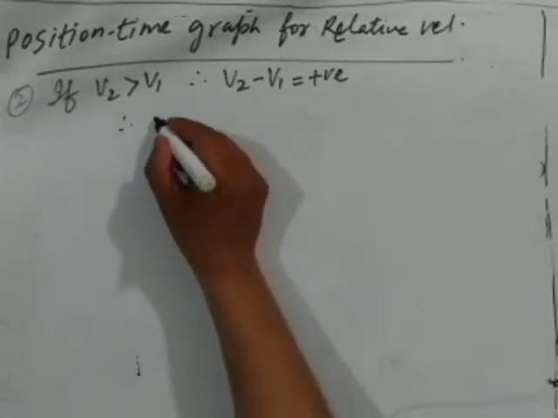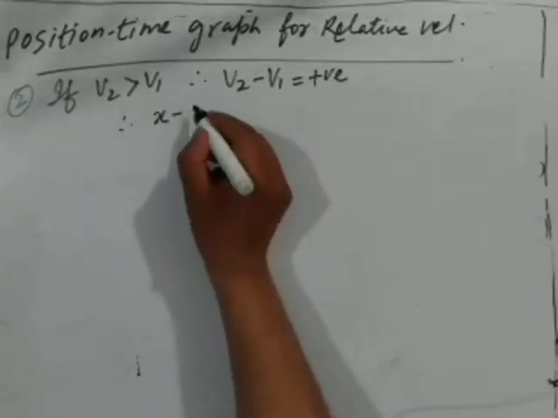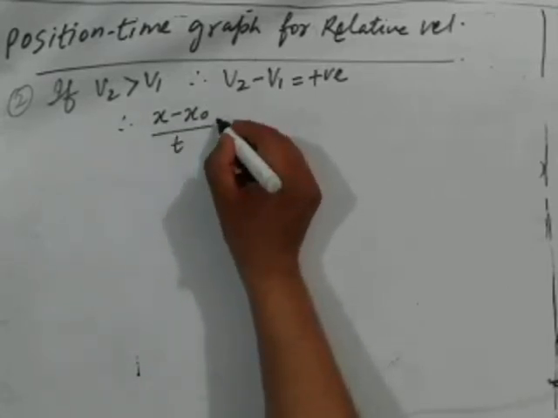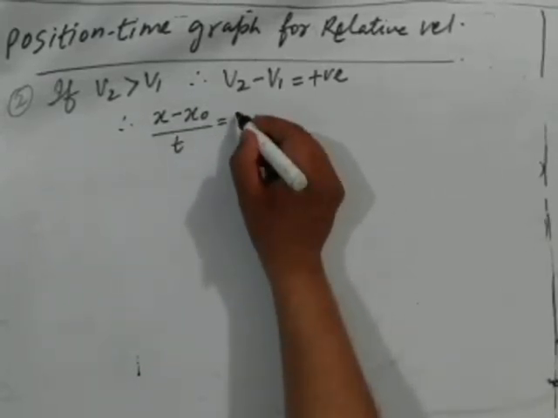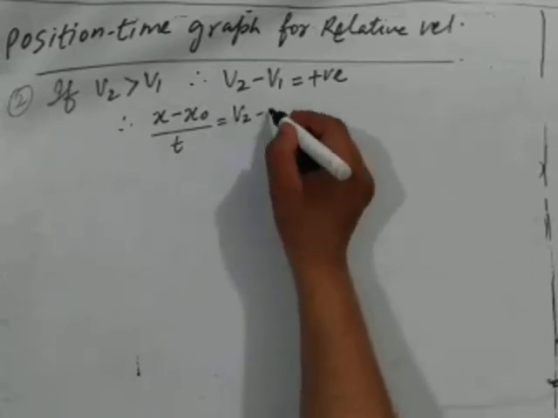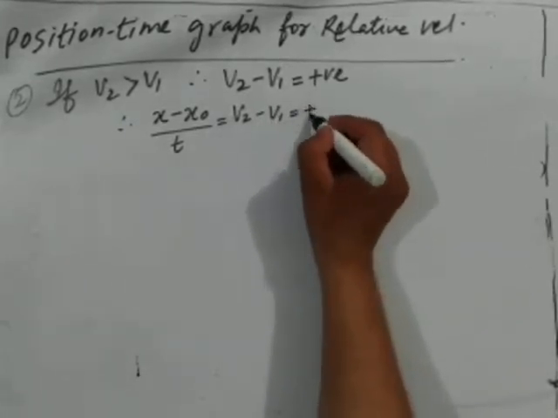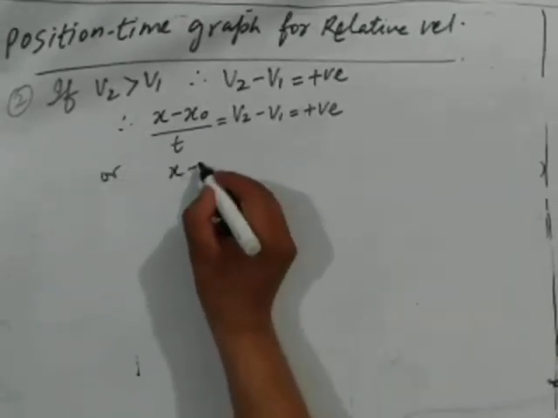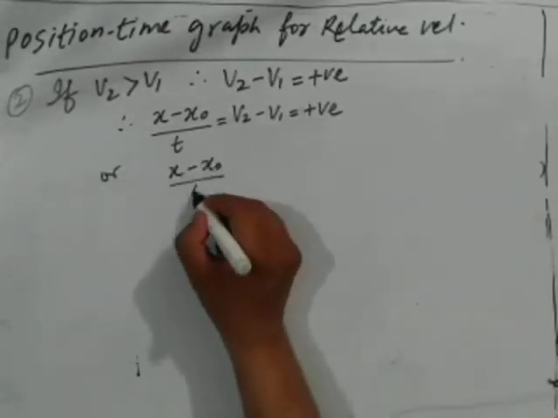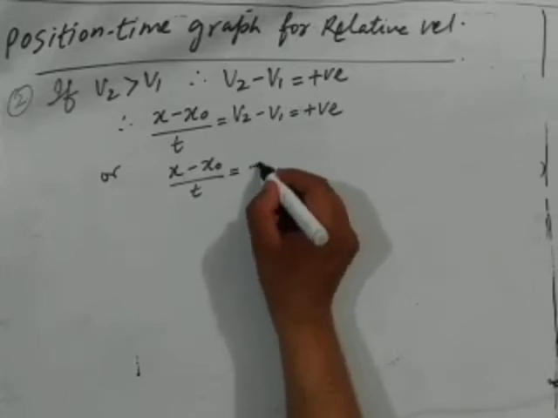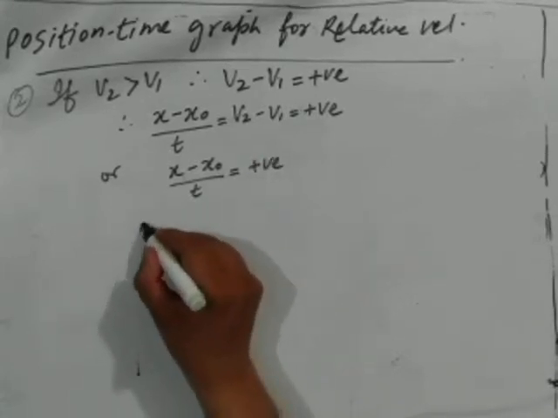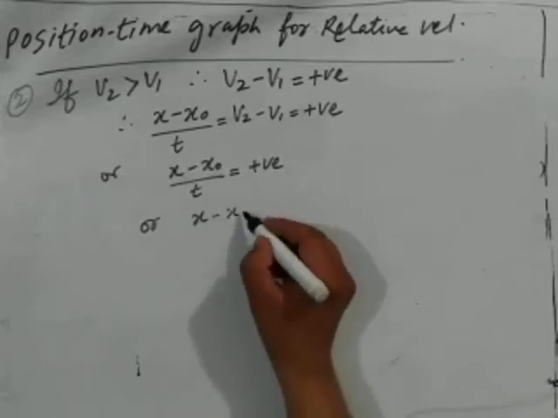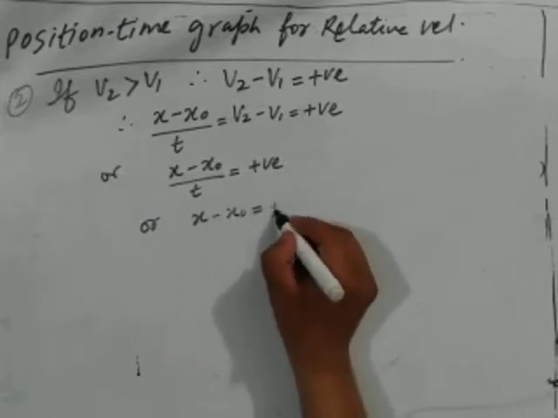Therefore the equation will become x minus x naught upon t equal to v2 minus v1 equal to positive, or x minus x naught equal to positive.